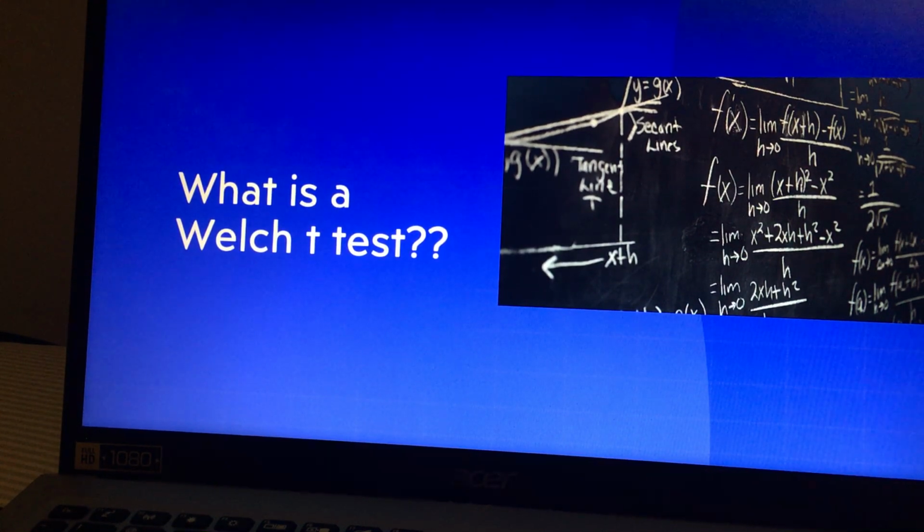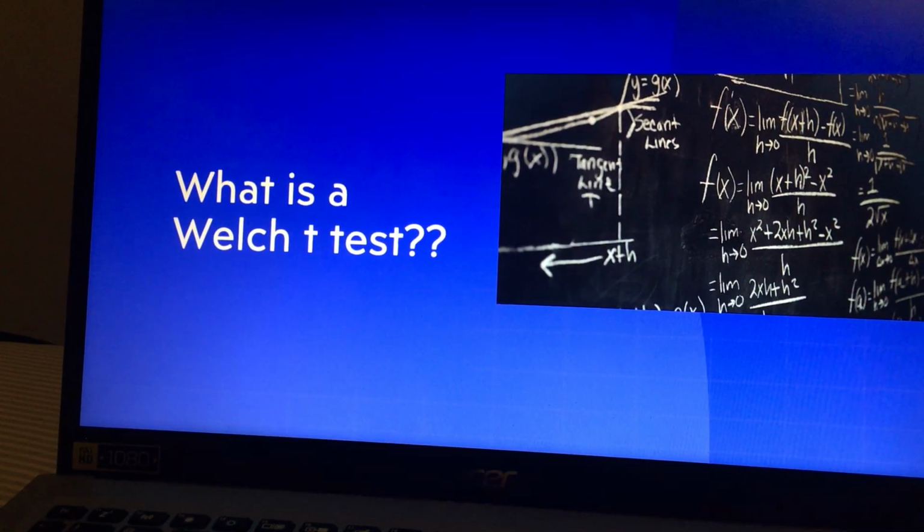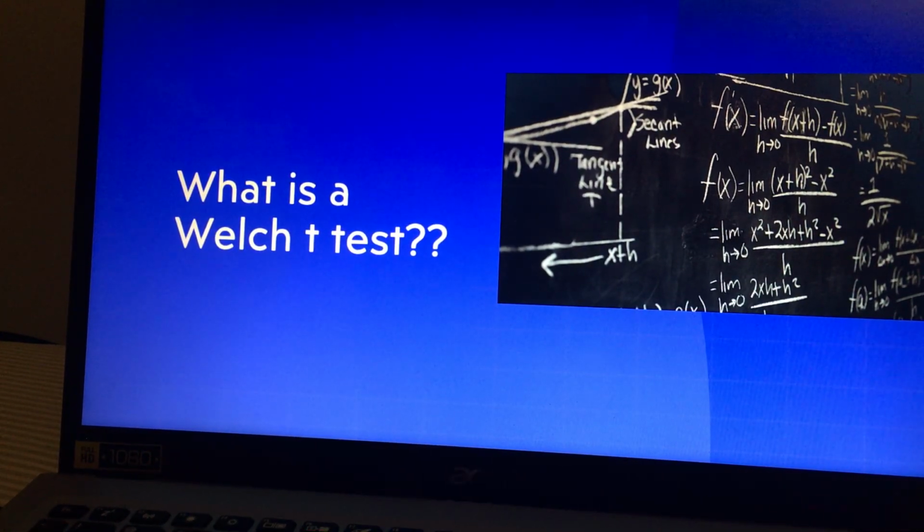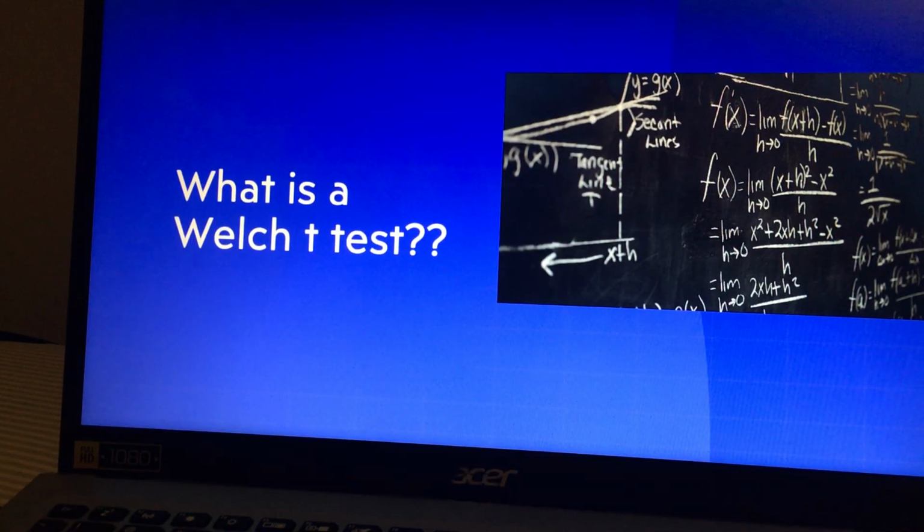All right, so we are on page 14 and we're going to finally get into the Welch t-test. So the biggest problem with using the student's t-test, in practice, is that third assumption that we talked about.